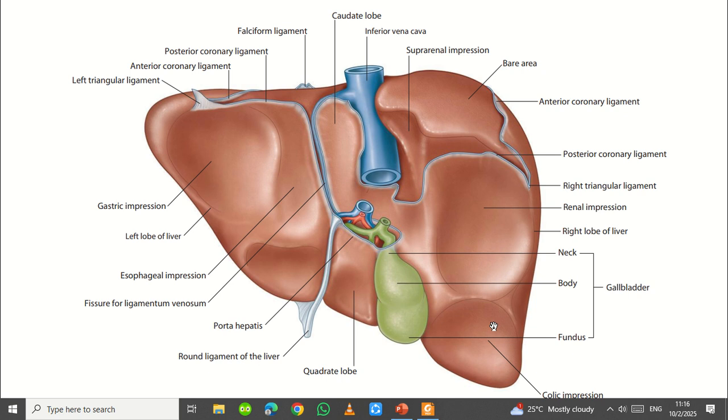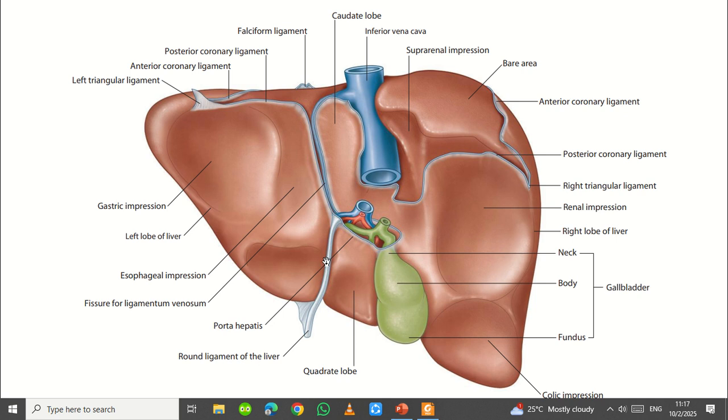What actually demarcates these caudate and quadrate lobes? Well, we have a right sagittal fissure, a left sagittal fissure and a transverse fissure. Let me start with the left sagittal fissure. Embryologically, you'd understand that we have an umbilical vein that leaves the umbilical cord and ascends upward within the free edge of the falciform ligament.